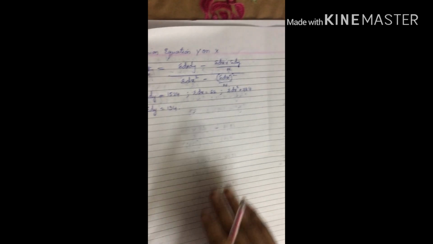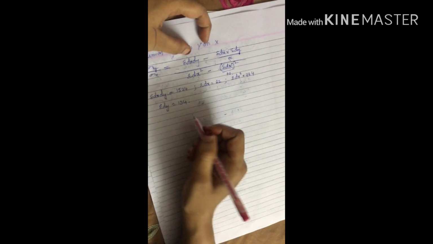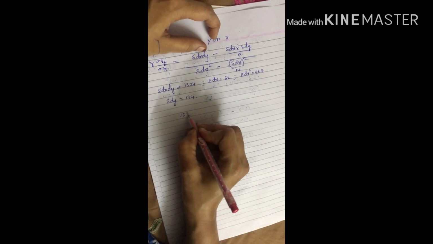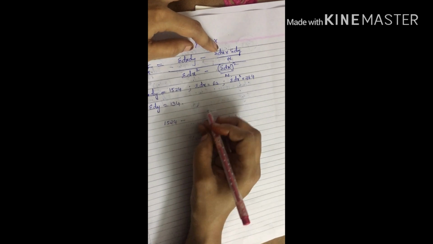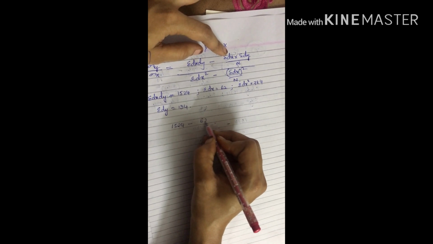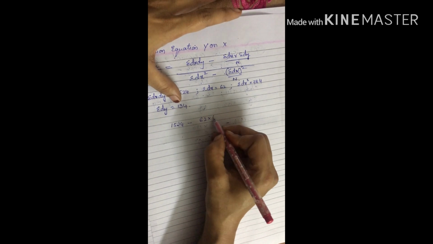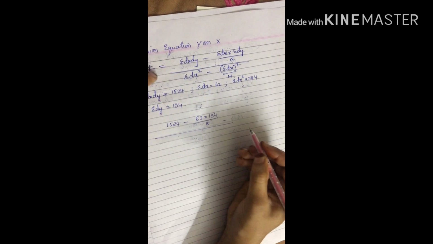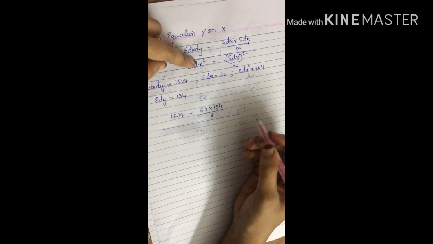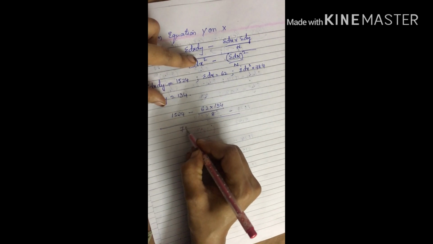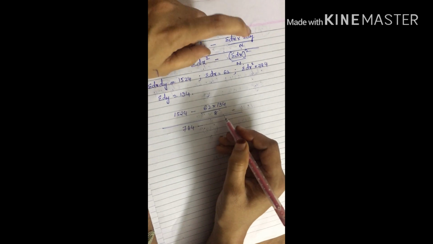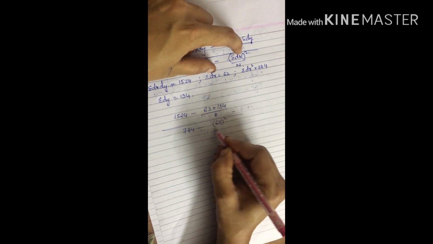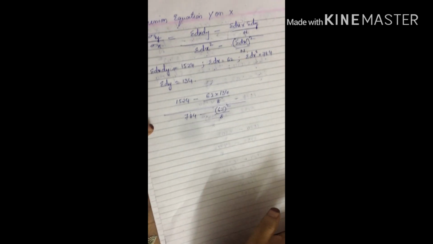Likewise I have written all the values. So substitute those values. Sigma dx dy 1524 minus sigma dx is 62 into sigma dy is 134 by number of observations 8, and by sigma dx square is 784 minus sigma dx 62 whole square by n 8.